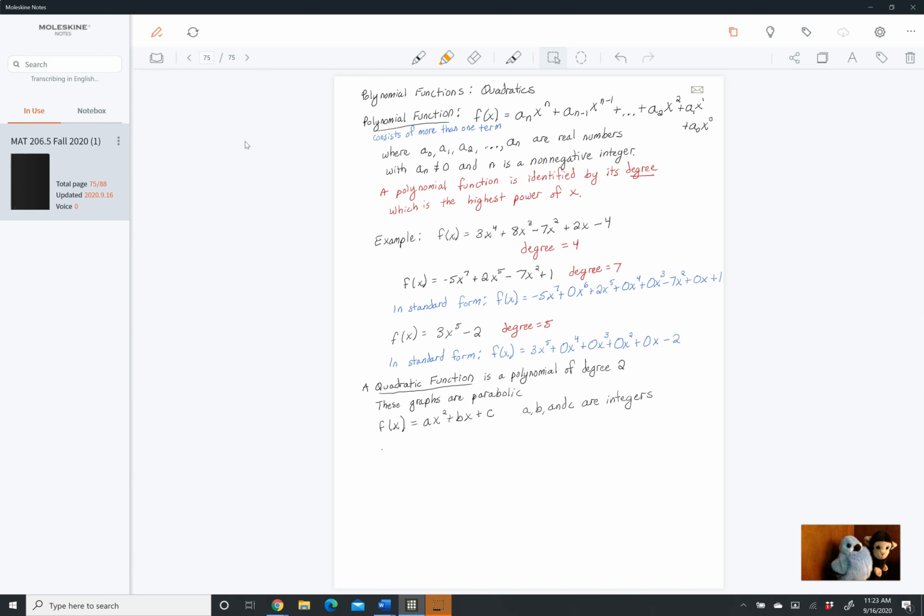But if a is greater than 0, the parabola faces up. I'm going to say opens up. What does this mean? It means that the shape of our graph is going to look like this.